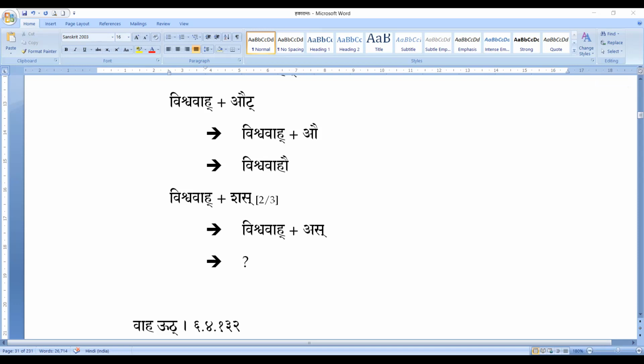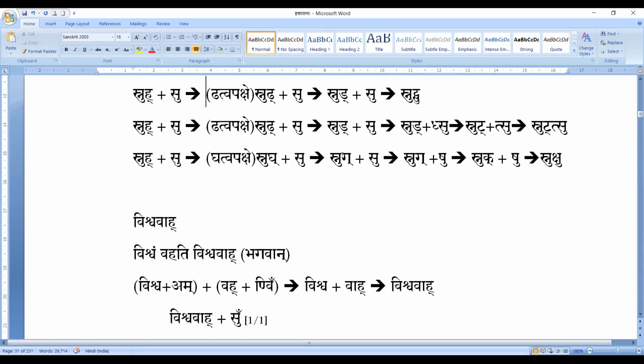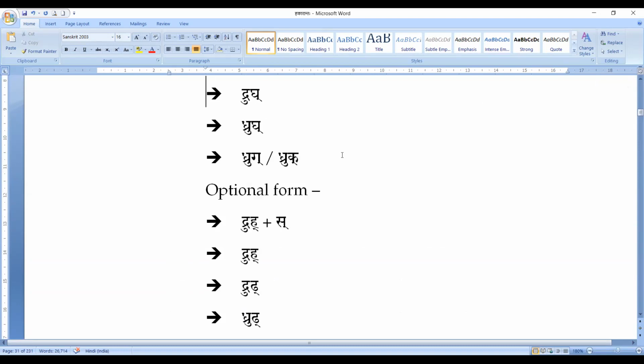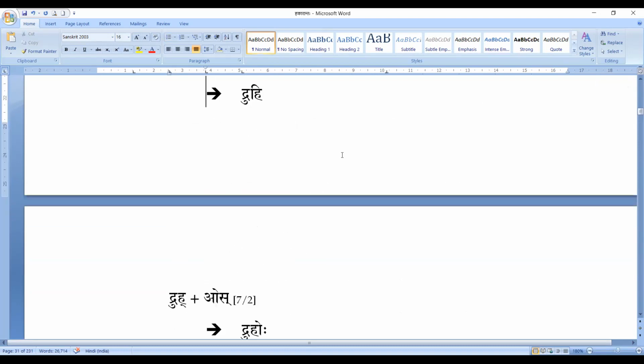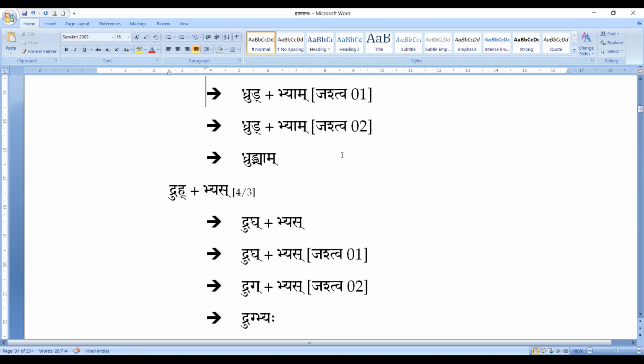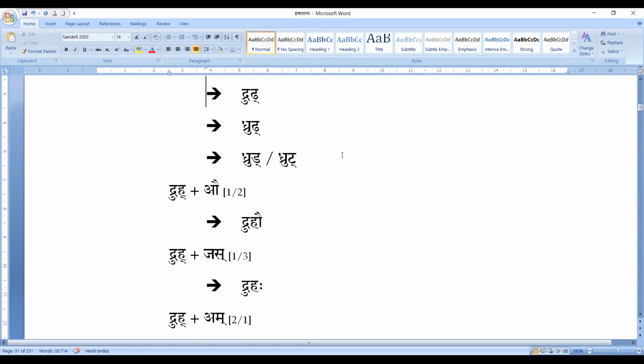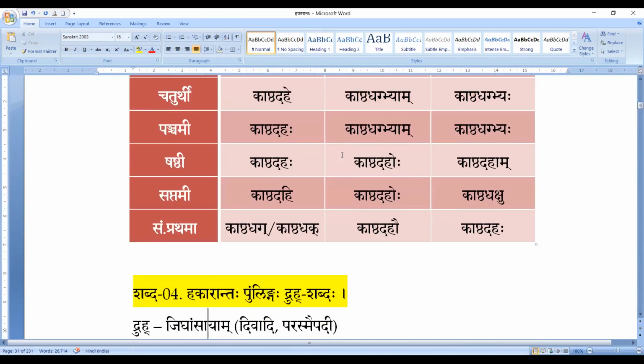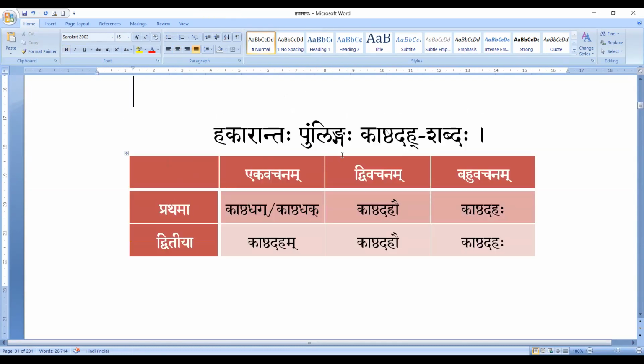One minute. So, Vaha Ut sutra. What was the previous sutra we saw in this list? If anyone remembers.